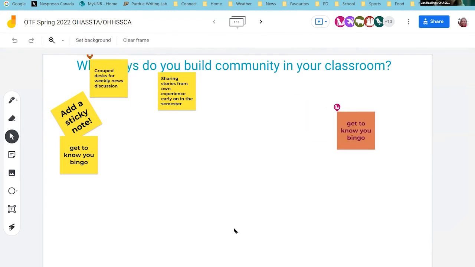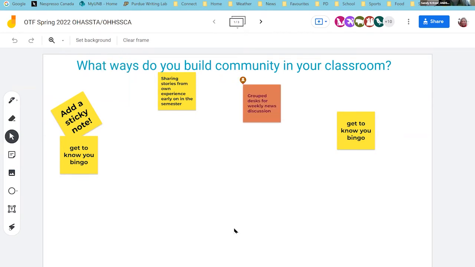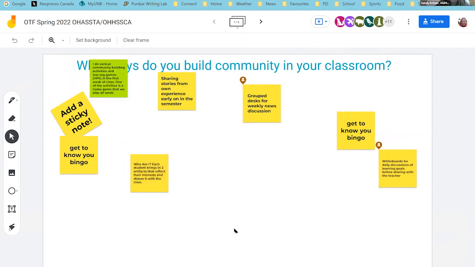So we'll just look at the positive side, Sandy. I love those get to know you activities. Yeah, it's so great. When I switch up groups, I often ask kids, okay, find one thing you have in common, or everyone share your favorite, whatever. I try to change it up every time they move groups, and that way they're always learning something different.